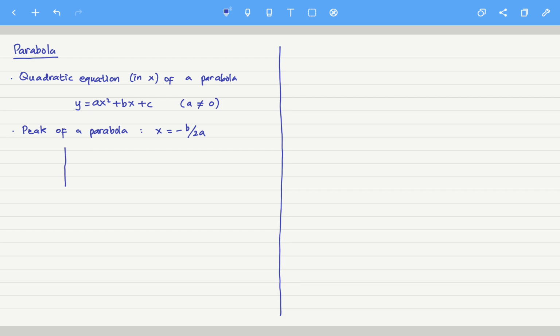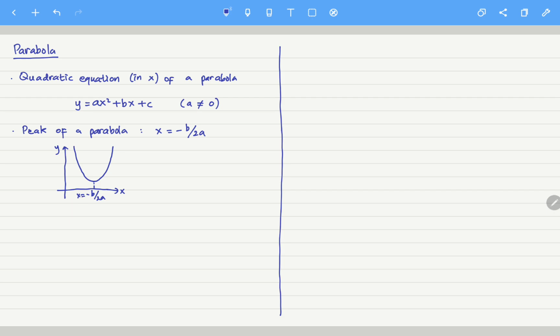So if we draw it, this is x, this is y. So let's say we have the following parabola. The peak will happen at x equals minus b over 2a.